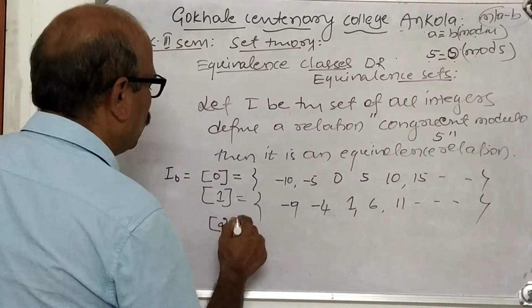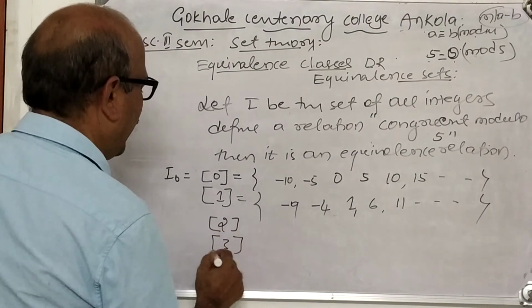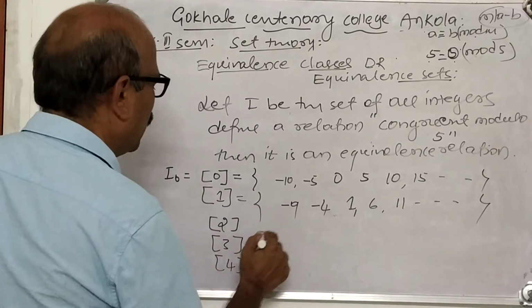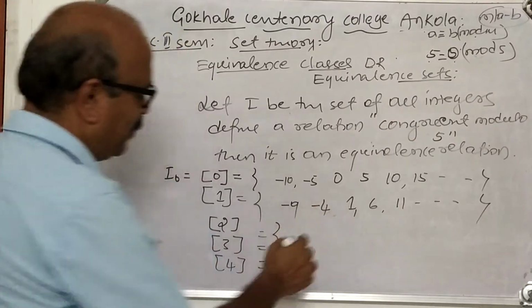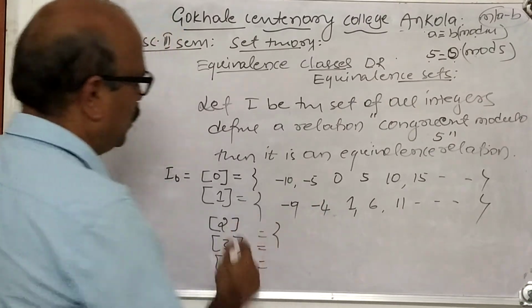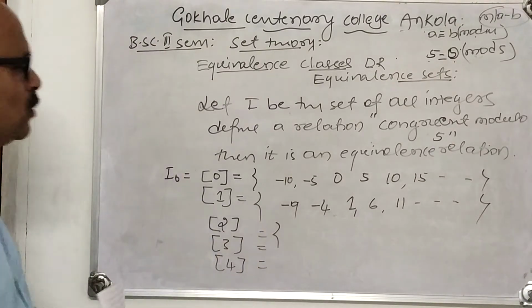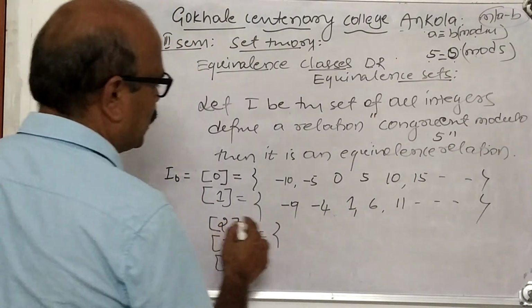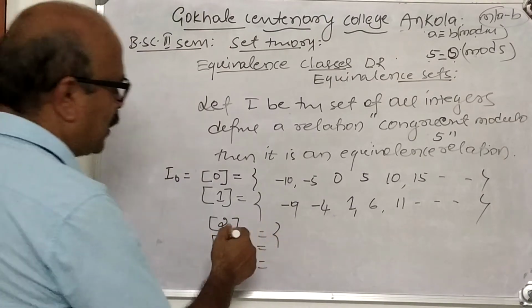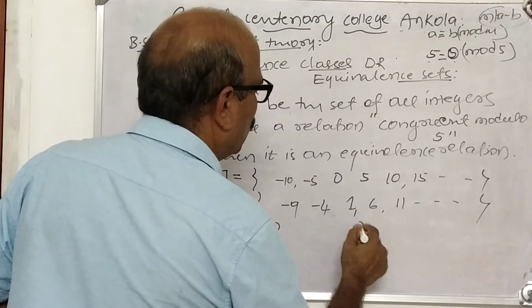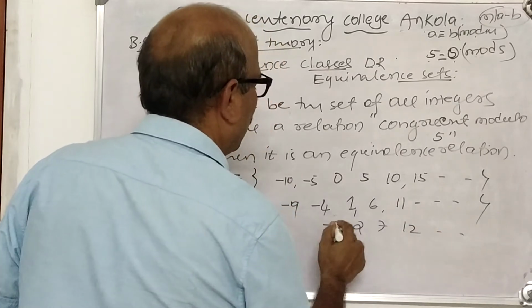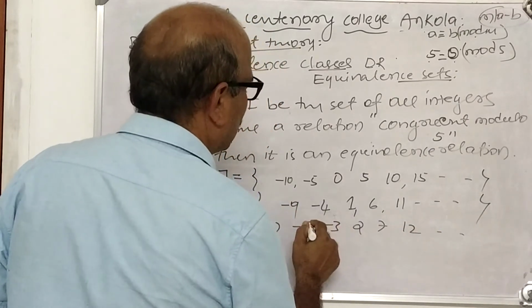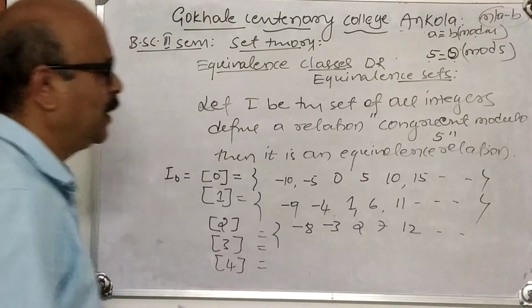Similarly, 2, 3 and 4. Now, an interesting thing, let me explain. What is 2? The equivalence class determined by 2 is 2, then 7, 12, and so on, minus 3, minus 8 and so on.